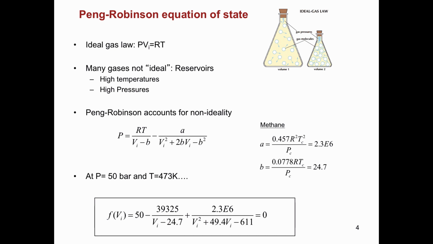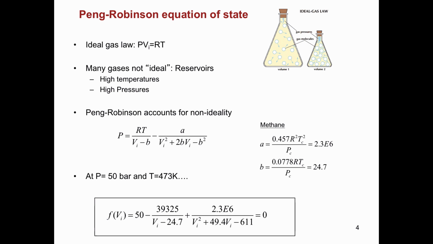So mathematically, we're going to take this equation that describes our physical problem. There could be different ways to express that equation. If I'm looking for volume, I'm always going to set it up as a function of volume equals 0.